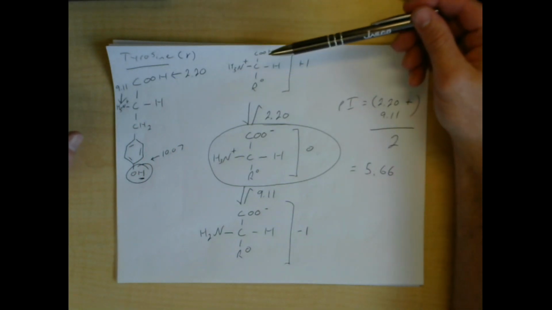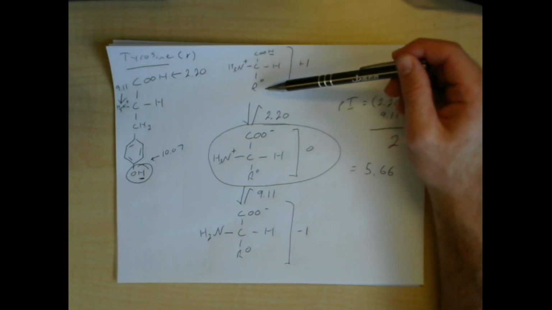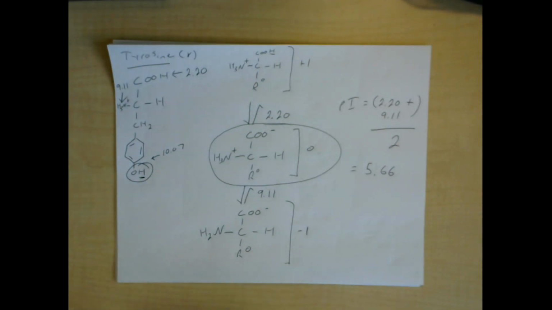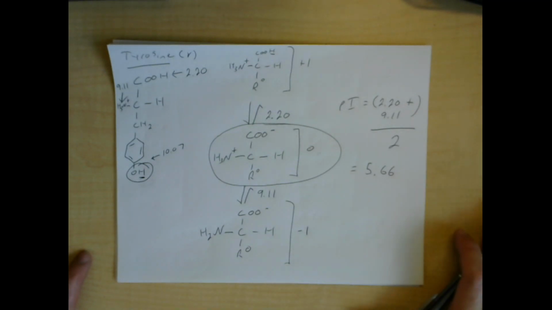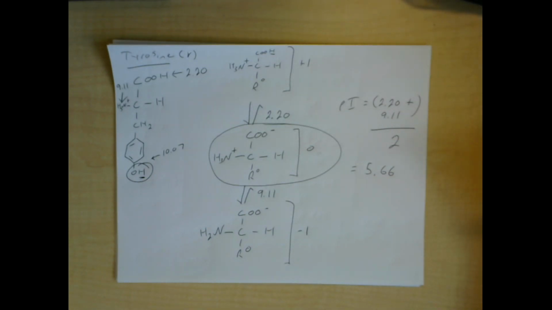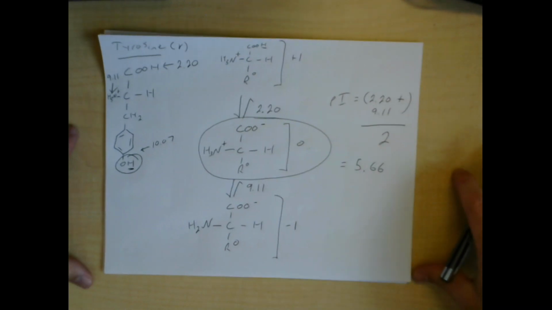Therefore, you remove the ionization properties of these, and you are only dependent on the ionization properties of your R group. So if you see a tyrosine incorporated into a protein or polypeptide chain, and the pH is above 5.66, that doesn't mean a whole lot, because the pI as we've calculated it here doesn't apply in the same way there.